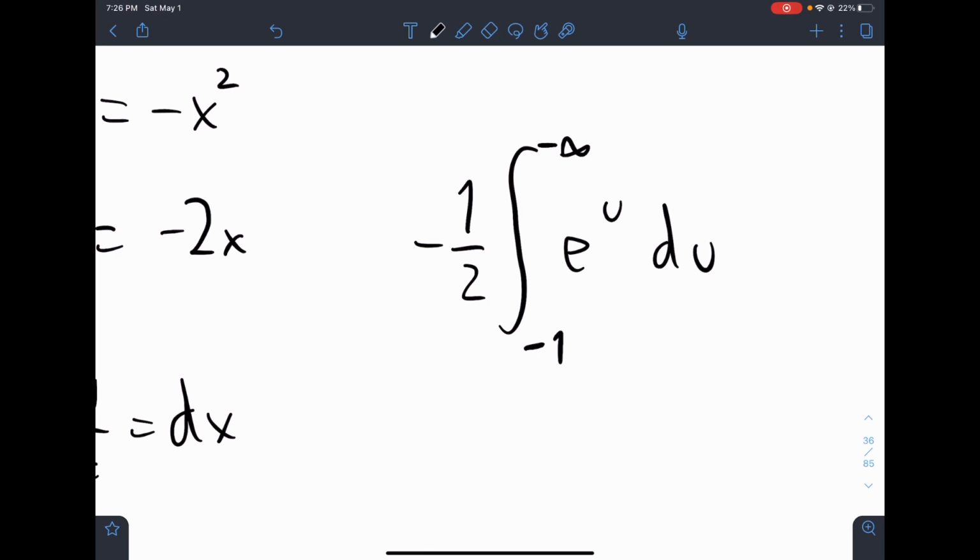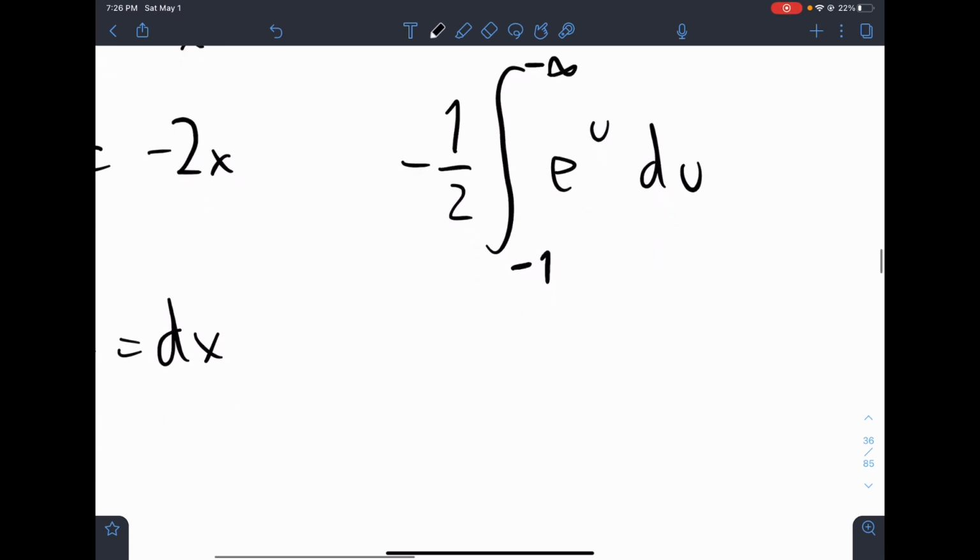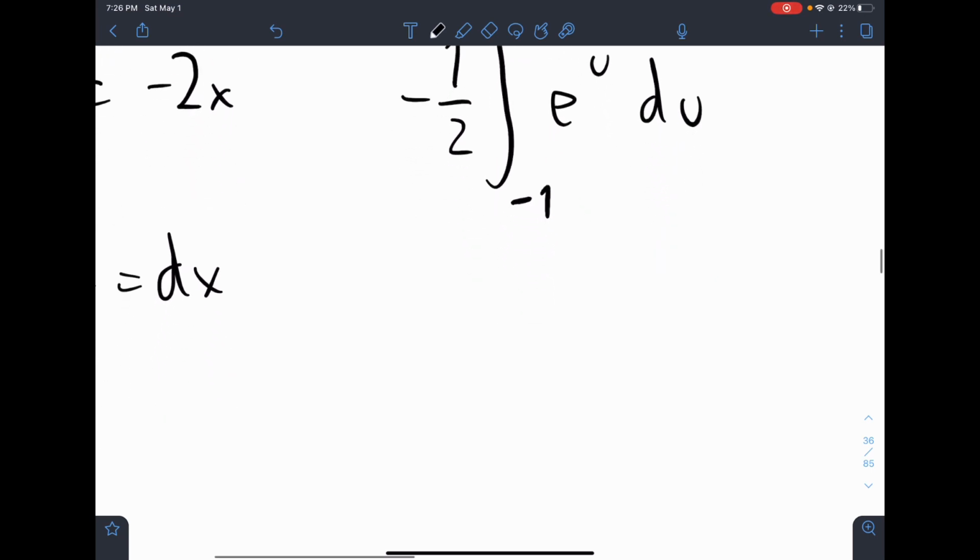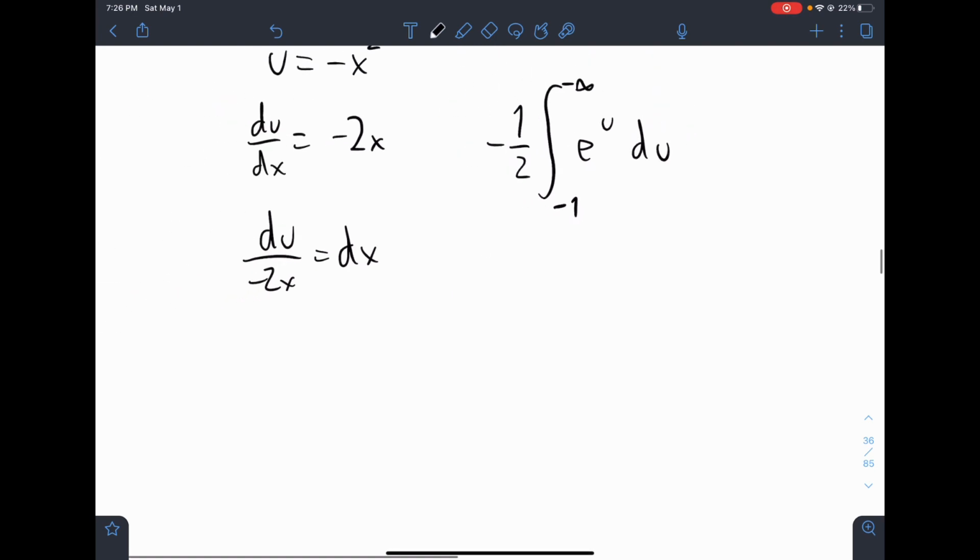We're going from negative 1 to negative infinity. So we want to switch those around, and how we can do that is we can make the entire integral negative. But in this case, we'll make it positive because there's already a negative in front. So this will be the same thing as taking the positive 1/2 integral of negative infinity to negative 1 of e to the u du.